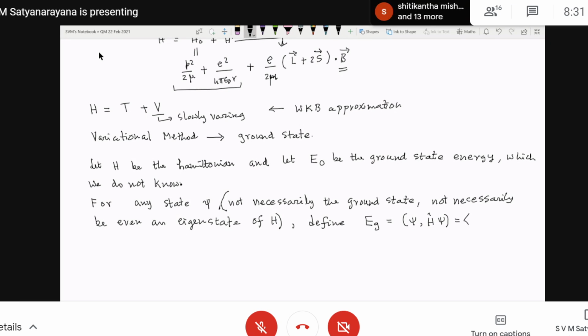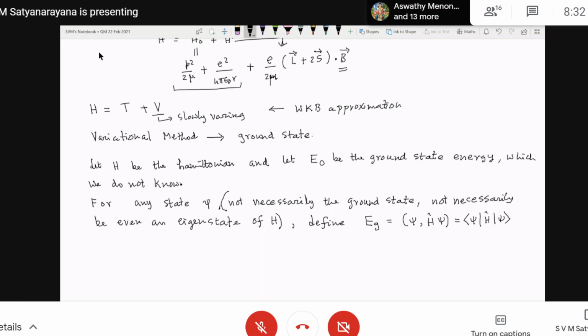If you are using Dirac notation, this is written as <psi|H|psi>. I'm going to define the expectation value of this. For any given state, you can find the expectation value if you know the Hamiltonian. This is something that you can calculate. Yeah, so I am going to define Eg as this one.